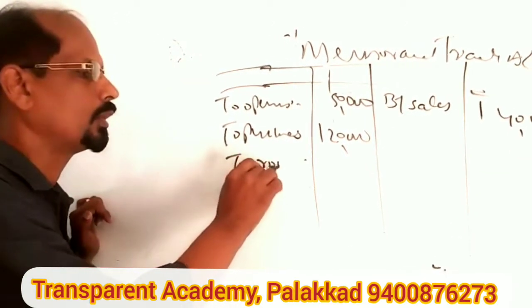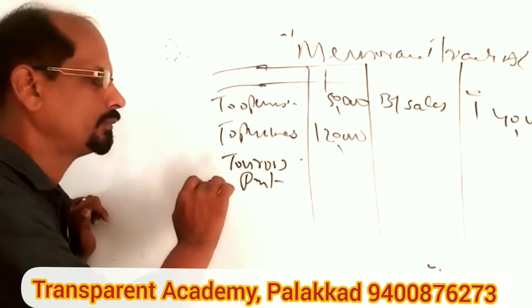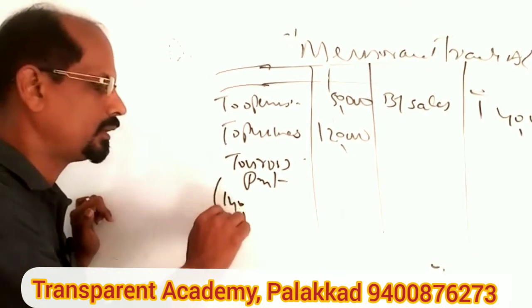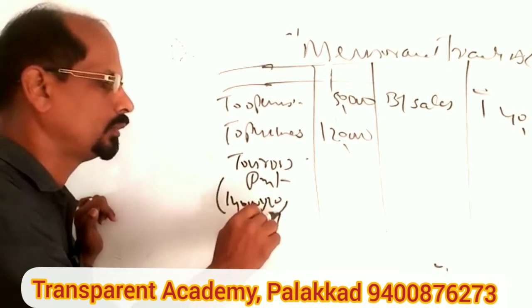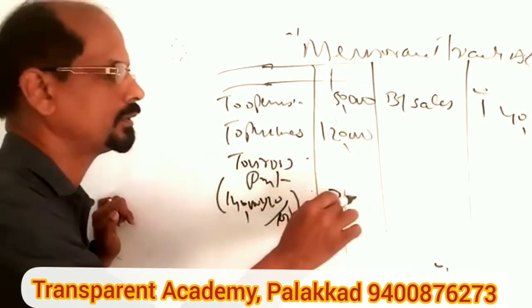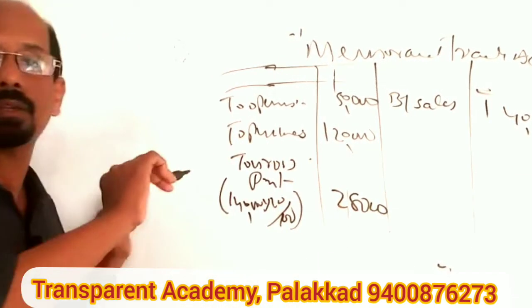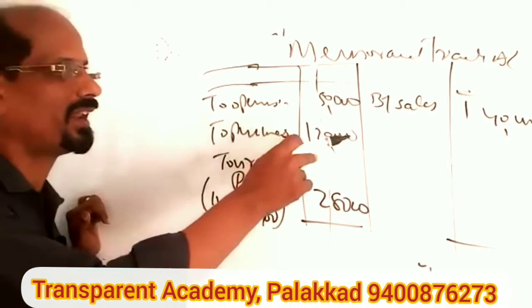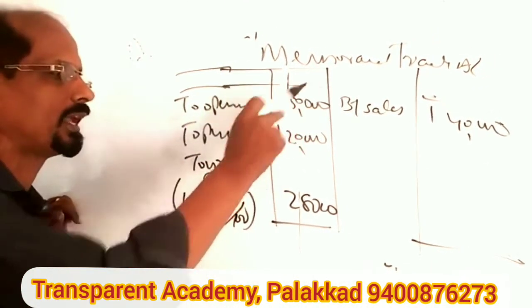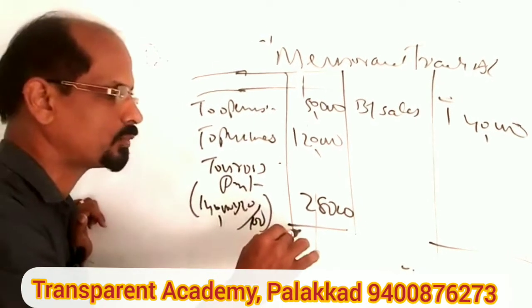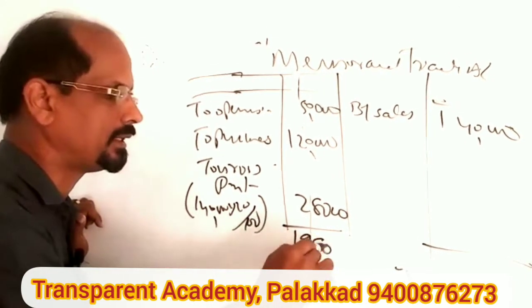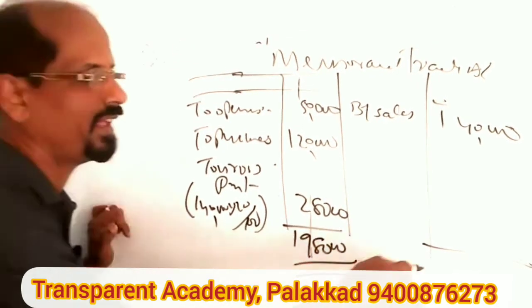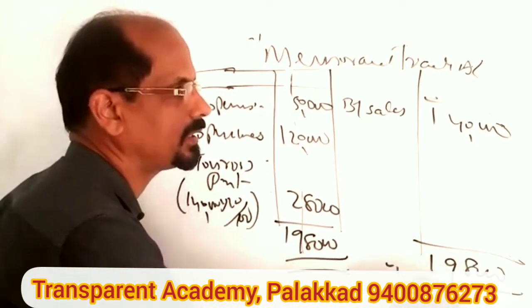So the gross profit is 1,40,000 into 20 by 100, you get 28,000. Then you find the stock at the date of fire: 1,20,000 plus 50,000 is 1,70,000, 1,70,000 less 28,000 is 1,42,000, and sales 1,40,000.